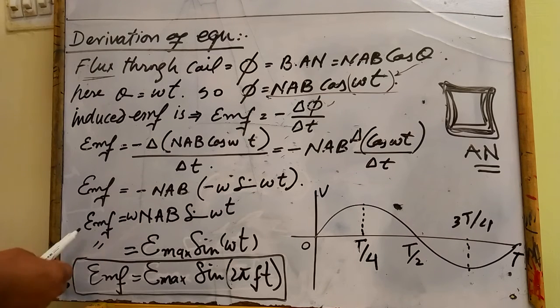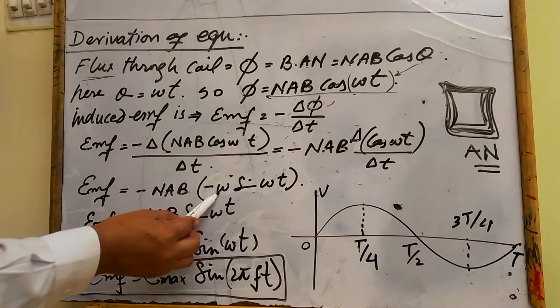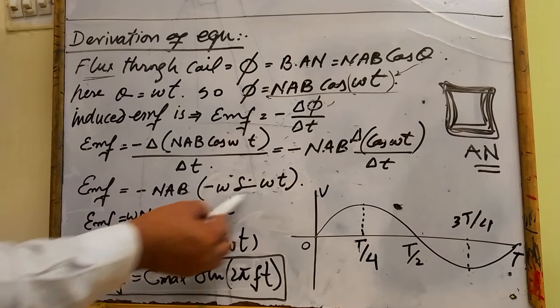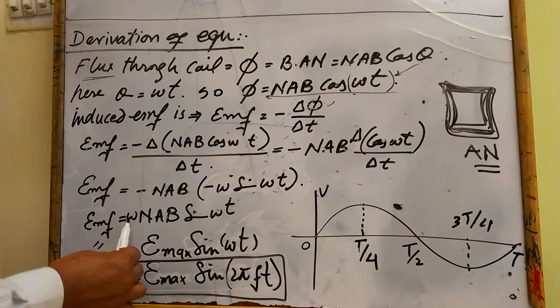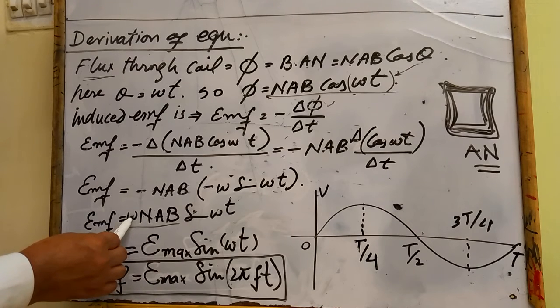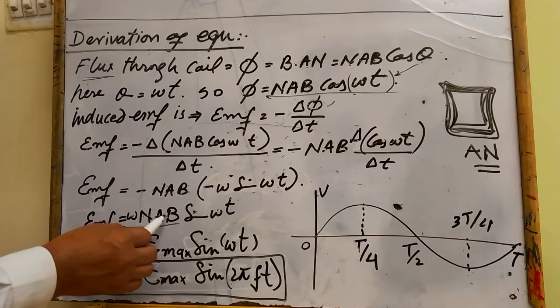So the negatives multiply and give us positive omega NAB sine of omega t. Here omega NAB is constant: N is the number of loops, constant; A, the area of the loop, constant; B, the magnetic field, constant.